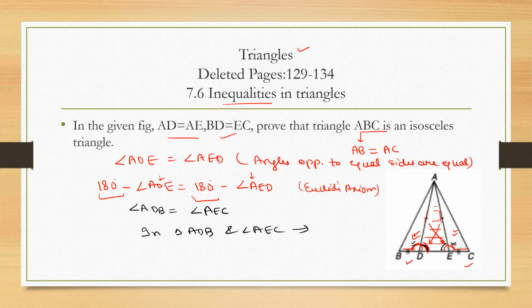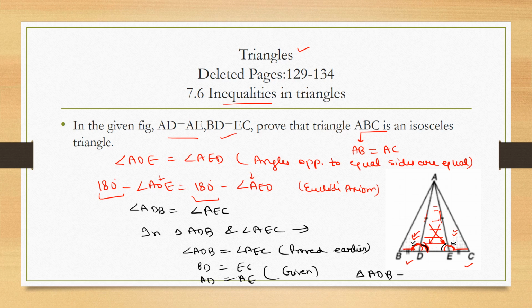Now I have all the three parts to make these two triangles congruent. What is that? One, these two angles I've got, proved earlier. Then the rest two things are already given to us. So I'll be saying that these two triangles are congruent, and by the way, by which congruency rule?